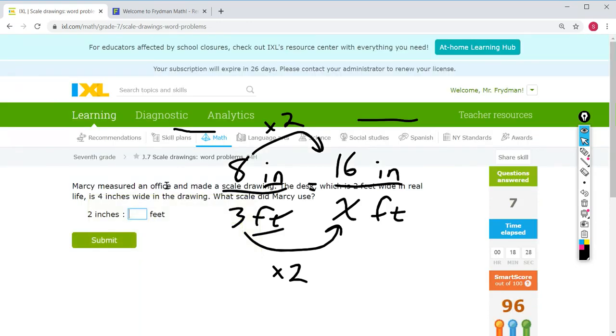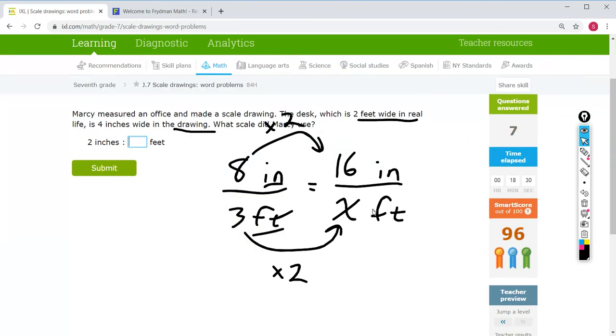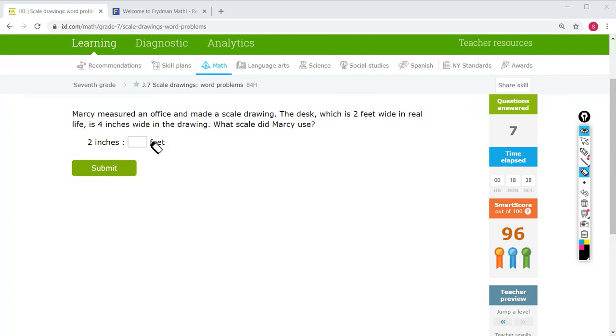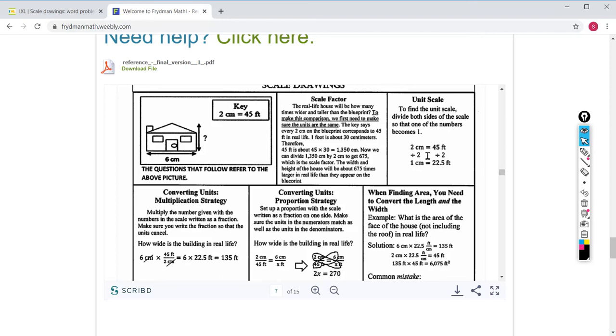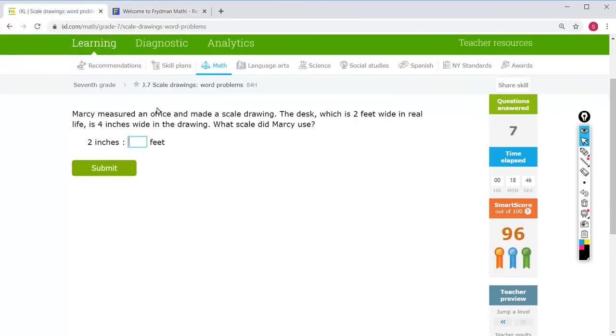So that's that. I'll do one more question like this because I know a question like this is kind of tricky. Again, it's very similar to this question over here, except you have to make sure that the number that you're dividing by gives you, in this case, a 2.